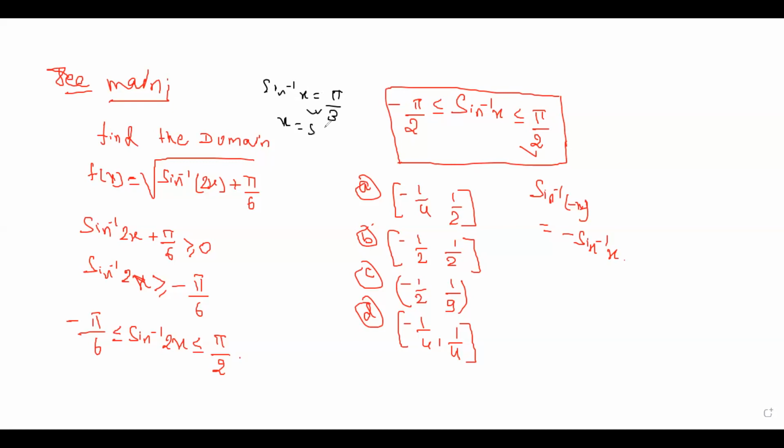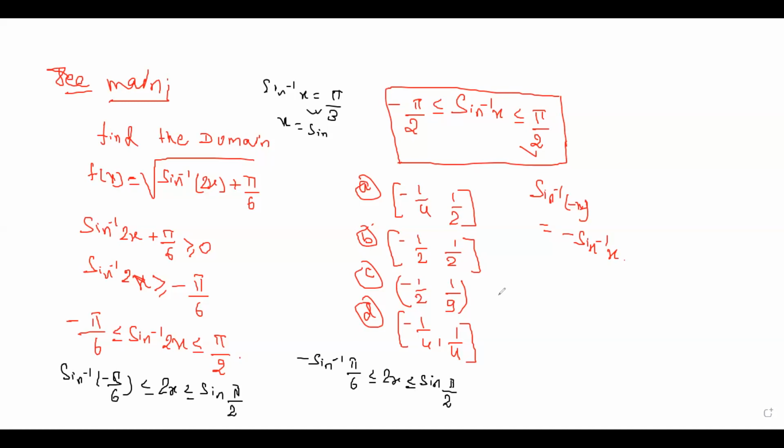So here you can write sine inverse of minus pi by 6 is less than 2x, sine pi by 2. Any problem? Sine inverse minus pi by 6 means minus sine inverse pi by 6, 2x, sine pi by 2. Any problem?